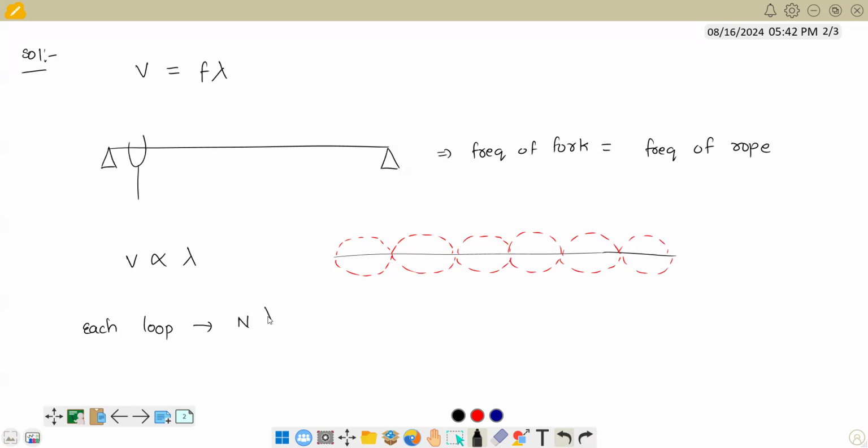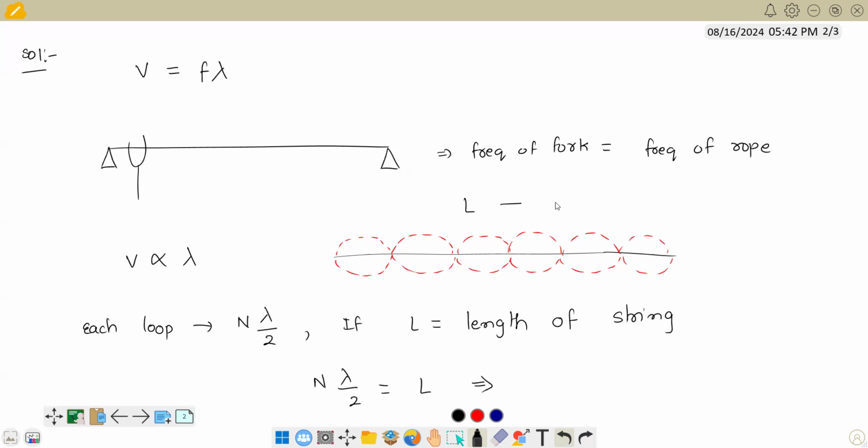So I can write n into lambda by 2. So each loop is n into lambda by 2. And if we have 6 loops, we can write, if L equals to length of string, we can write n into lambda by 2 equals to L.